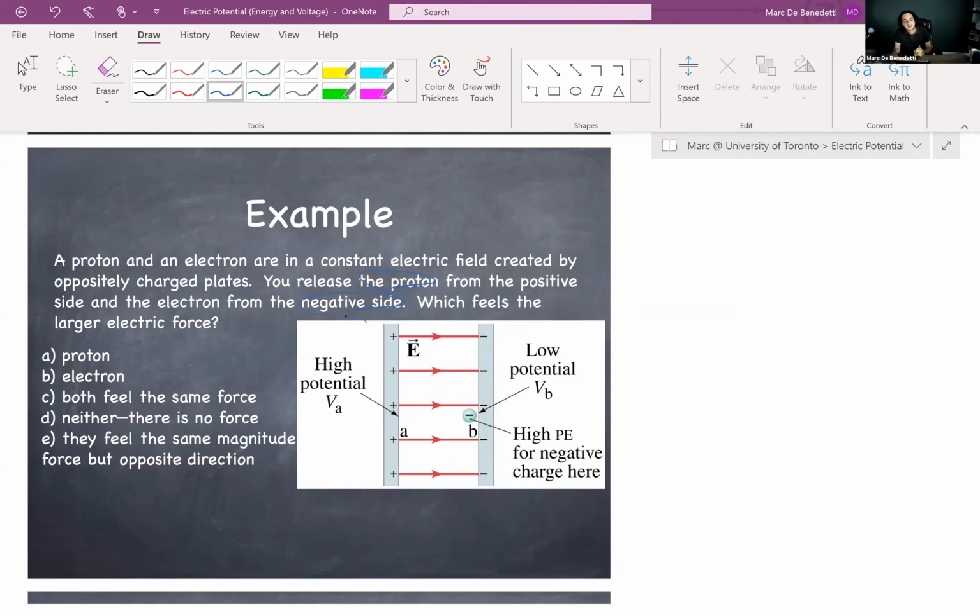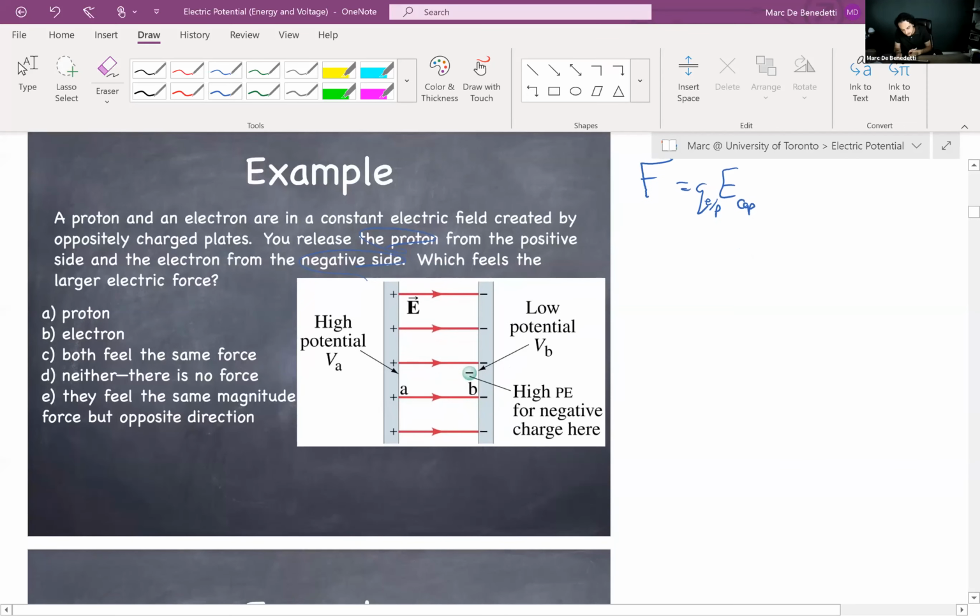Well, we look at the electric force in the parallel plate capacitor. So the electric force is going to be QE, where E is the E of the capacitor, and Q is either the Q of the electron or the Q of the proton, depending on which scenario we're looking at.